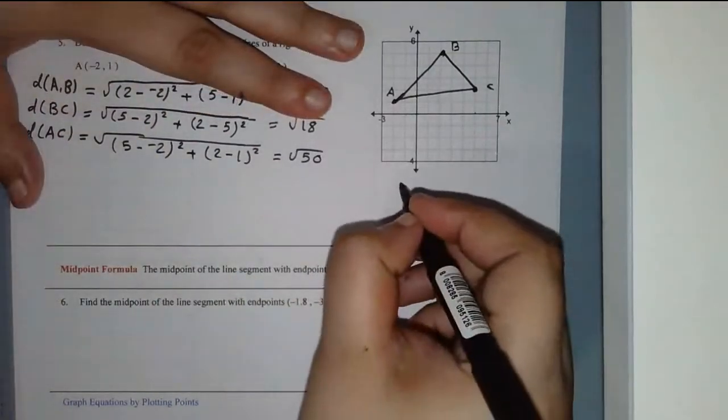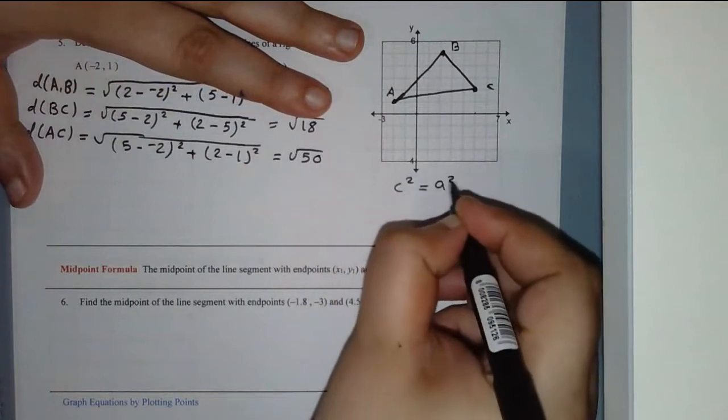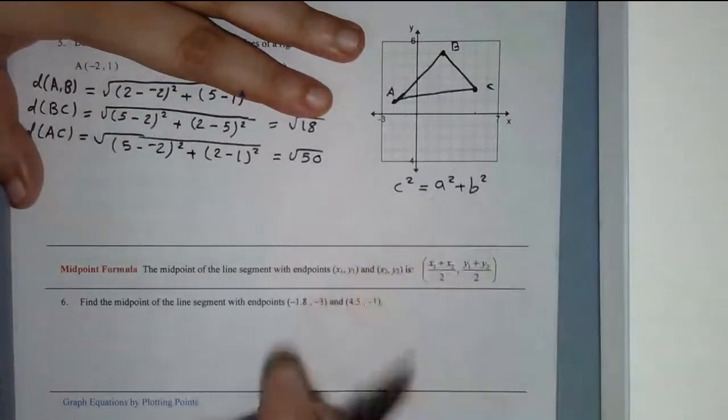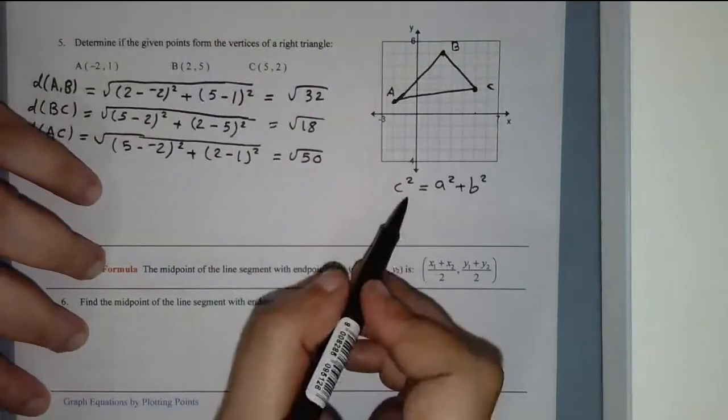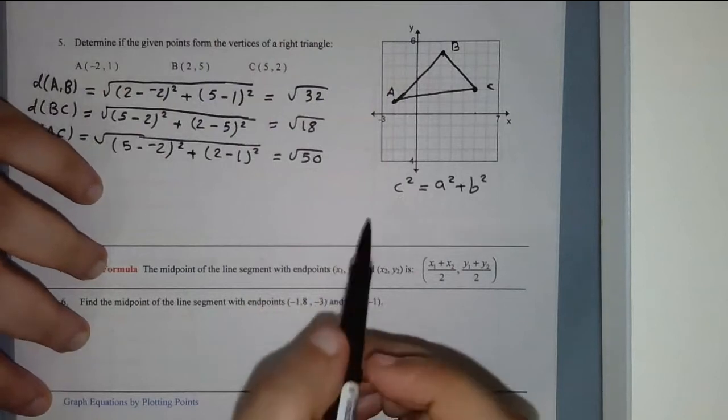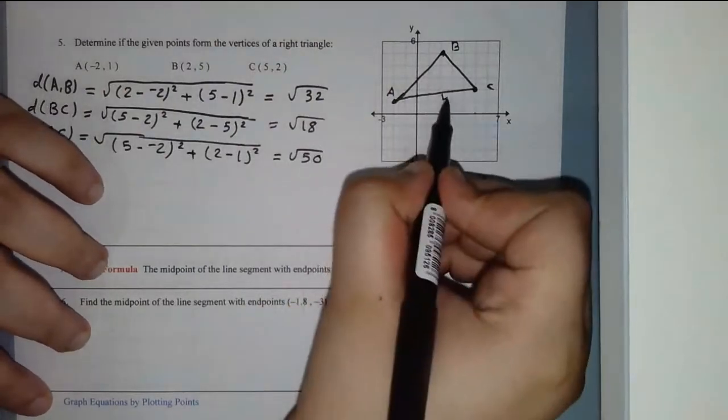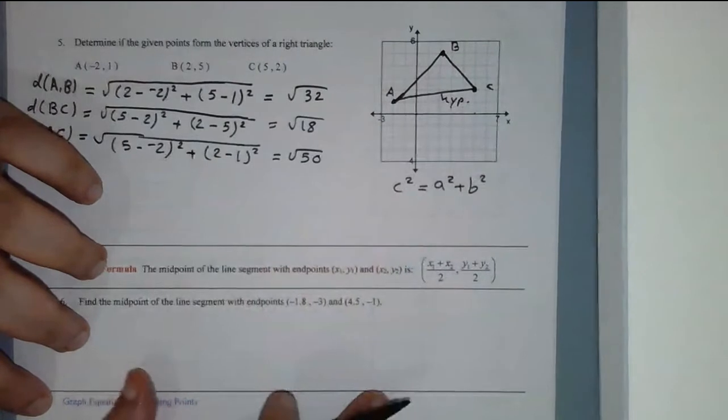Now, if you remember, this is the theorem, right? AC is my c squared, right? Because this is the, yeah?